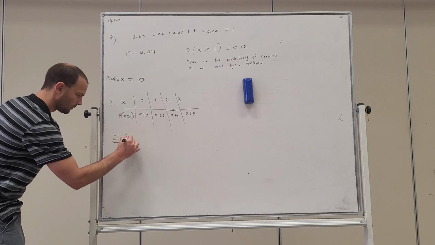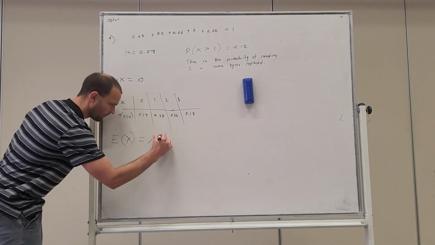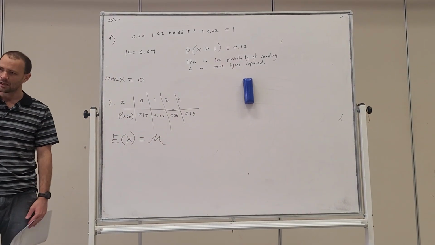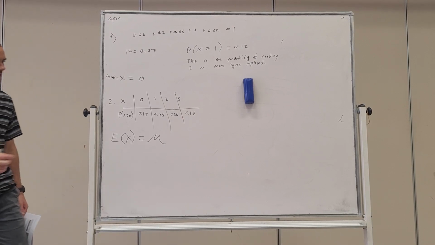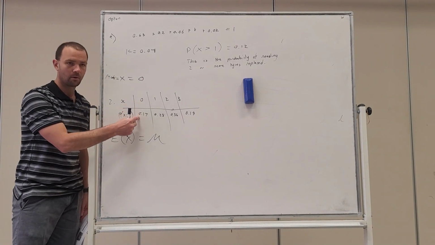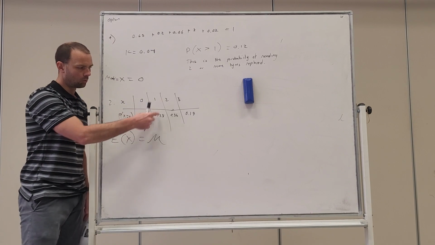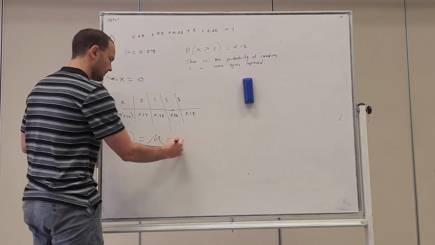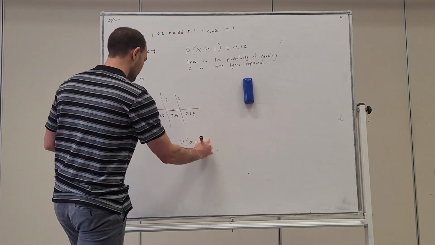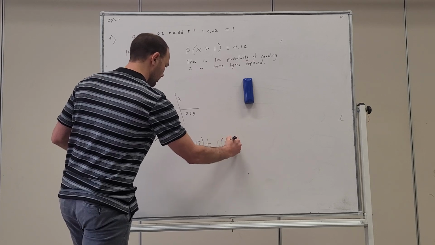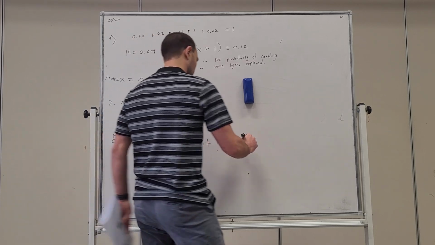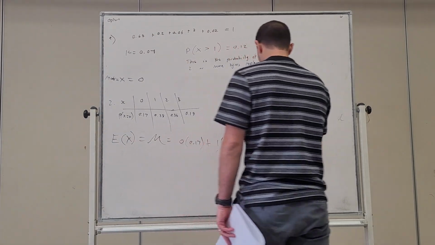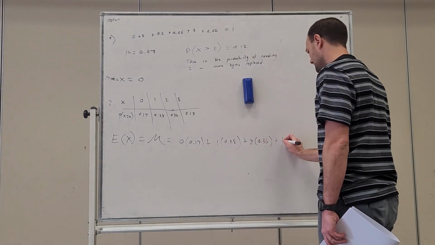So we've got what we call E of X, or the mean of this distribution, and it's equal to each event multiplied by its probability, all added together. So that's going to be 0 times 0.17, plus 1 times 0.28, plus 2 times 0.36, and then plus 3 times 0.19.